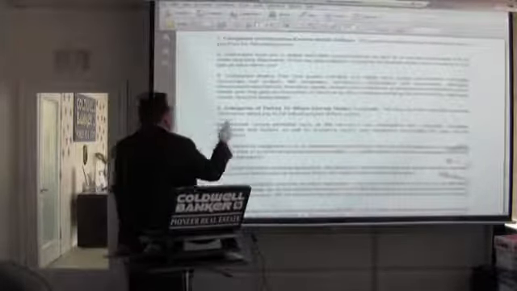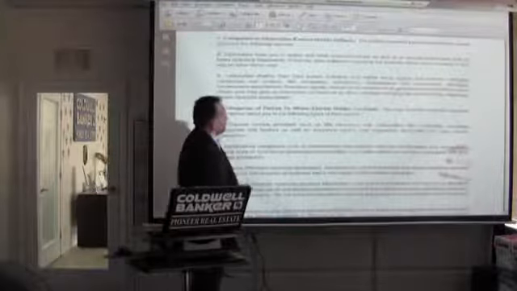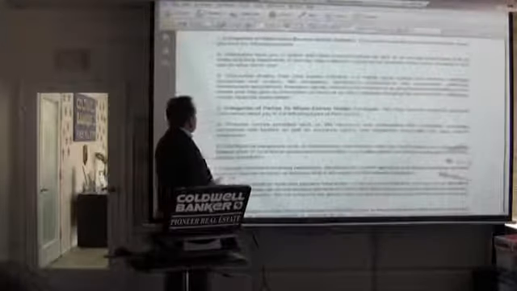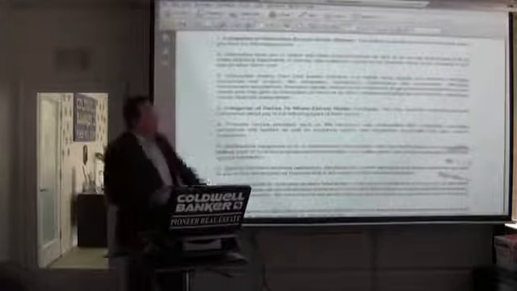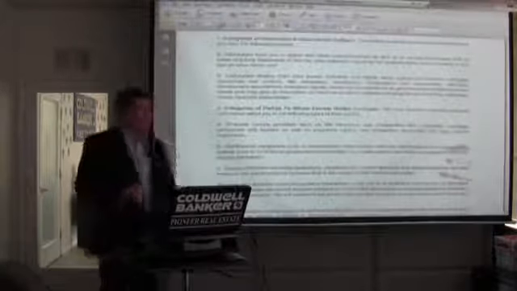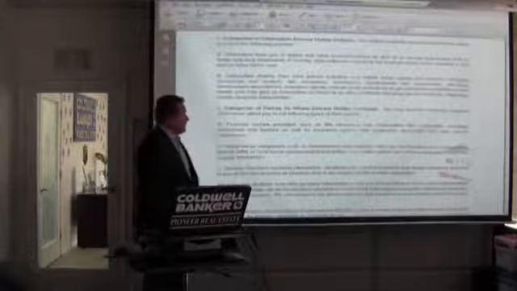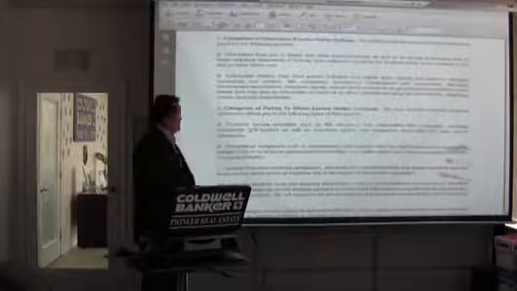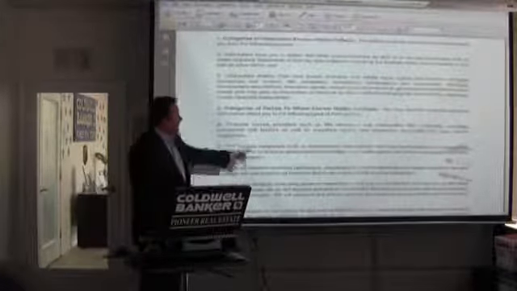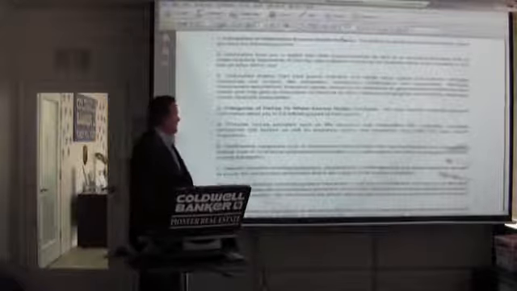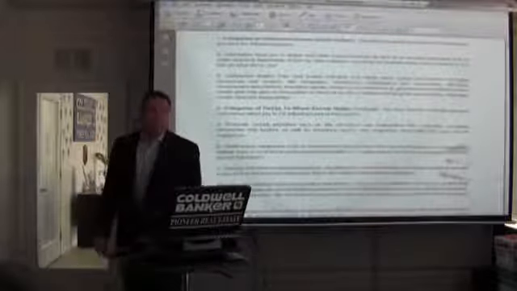Categories of parties to whom escrow holder will disclose. We may disclose non-public personal information about you to the following types of parties. Okay? Your lender, title insurance company, mortgage company, lenders, insurance agents, and companies associated with your escrow transaction.